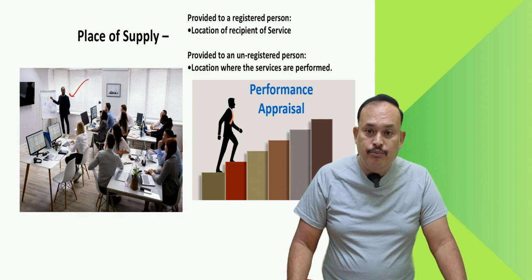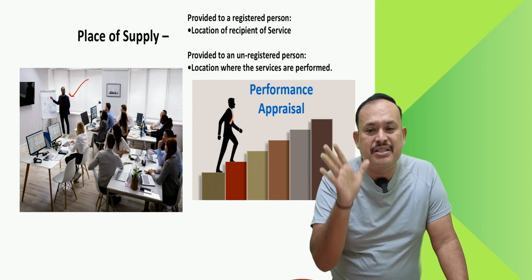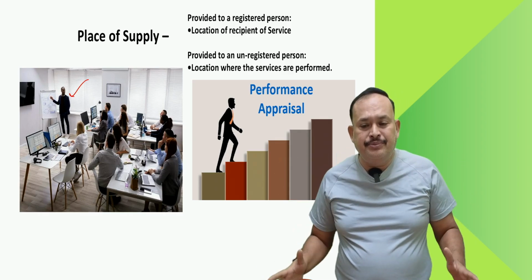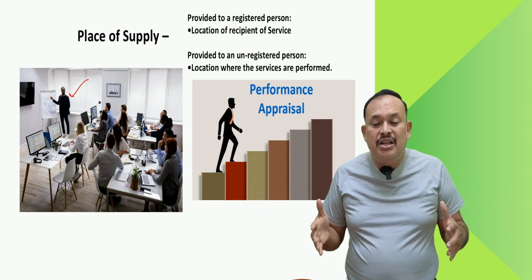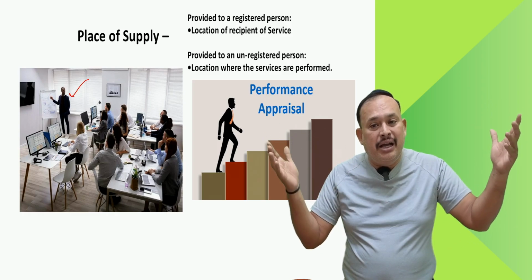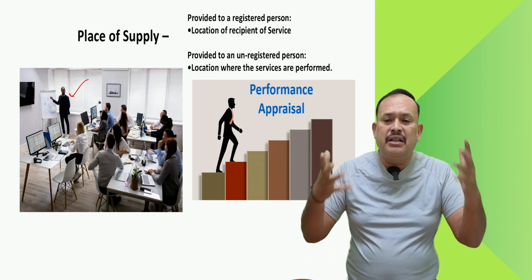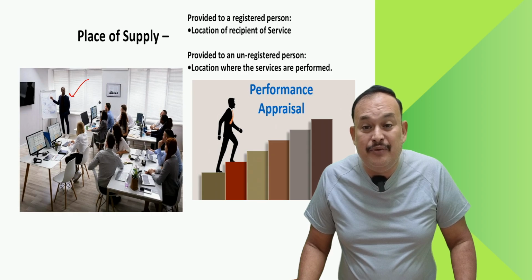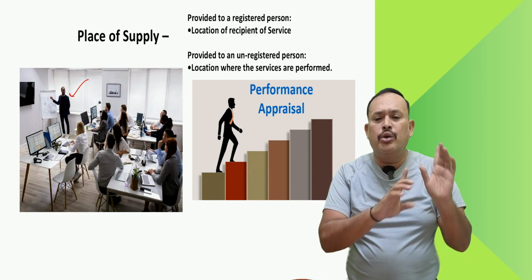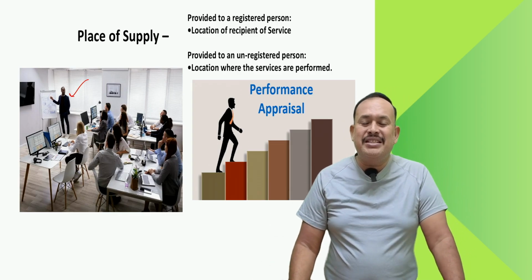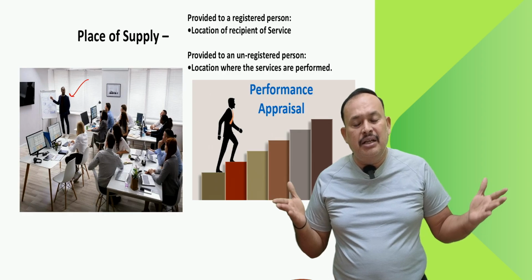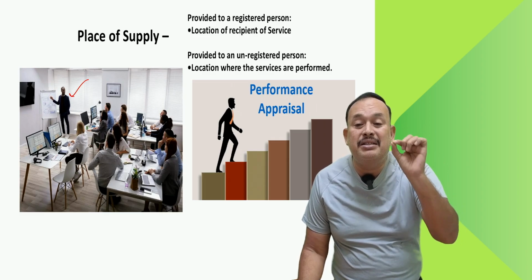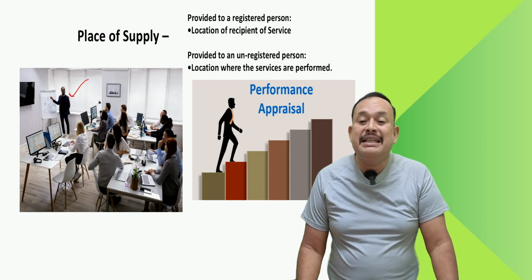Infosys company Bangalore, a registered person, paid the fees of rupees 10 lakhs to the particular GST expert, who is a trainer from Chennai. Trainees, Infosys company employees from all over India, came to Chennai, and in Chennai the GST expert gave the training to the corporate company employees. Infosys, which is the registered person located in Bangalore, made the payment of rupees 10 lakhs. Who is the supplier? The GST expert from Chennai. Place of supply goes to Bangalore because the recipient is a registered person, so it is interstate supply.